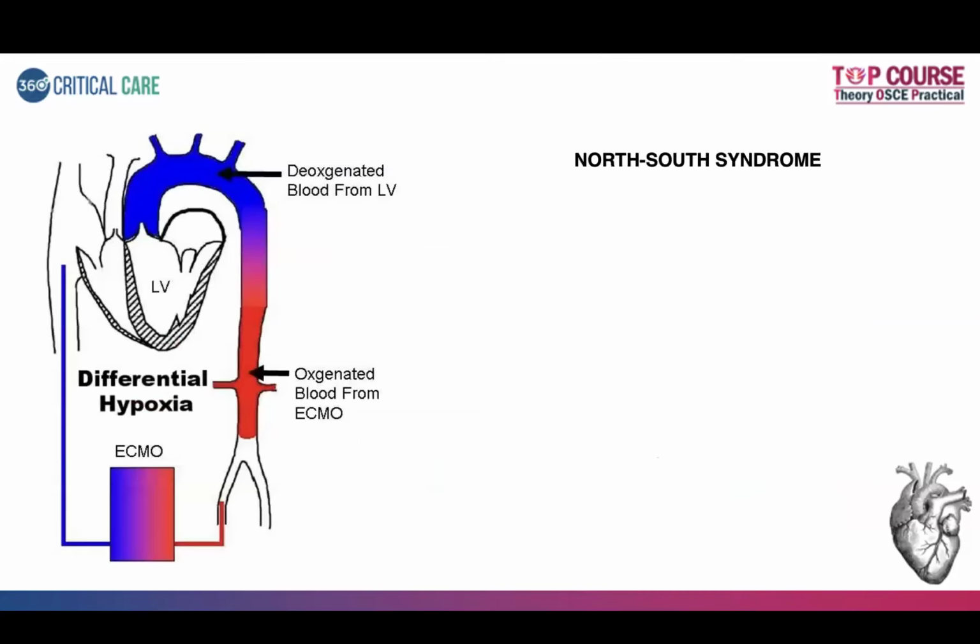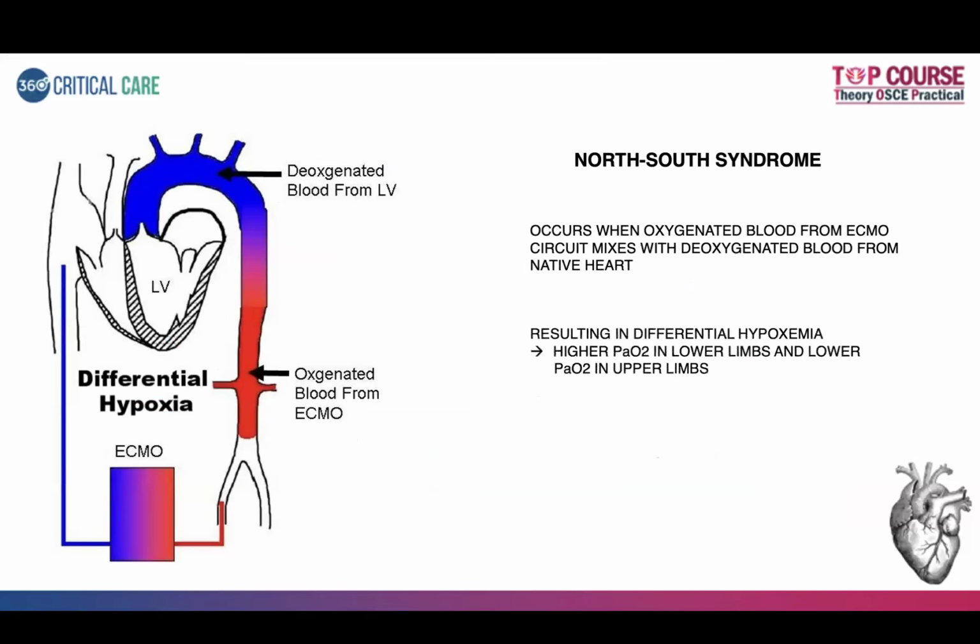So coming to North-South syndrome, that's differential hypoxemia. It occurs when oxygenated blood from the ECMO circuit mixes with the deoxygenated blood from the native heart. That results in differential hypoxia, that is higher PaO2 in the lower limbs and lower PaO2 in the upper limbs. The important thing is this usually occurs in femoral VA ECMO circuitry.